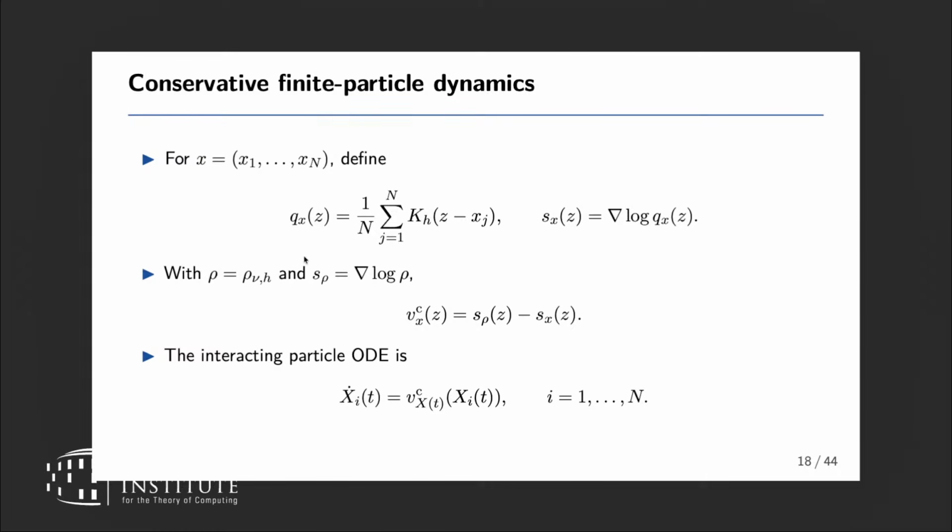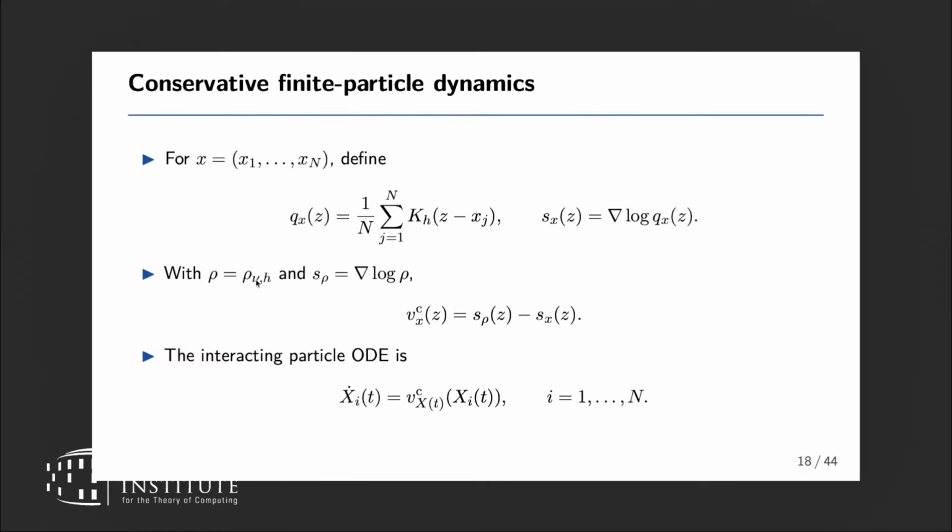In the conservative setting, your nu is the target density, and your rho is the convolved one. Take your target density and convolve it with the kernel, right?